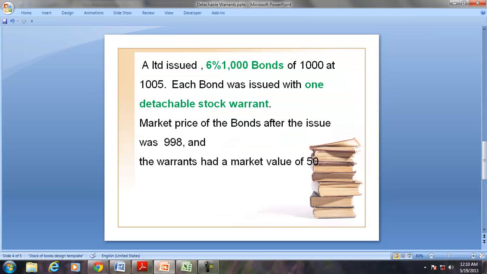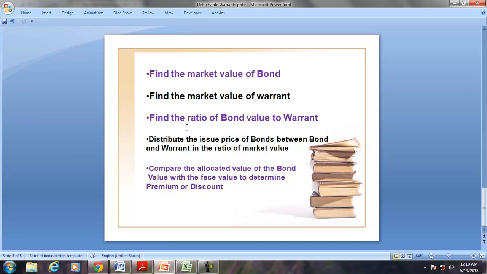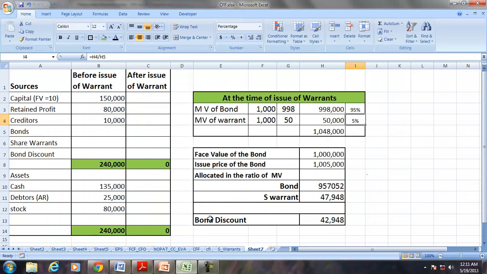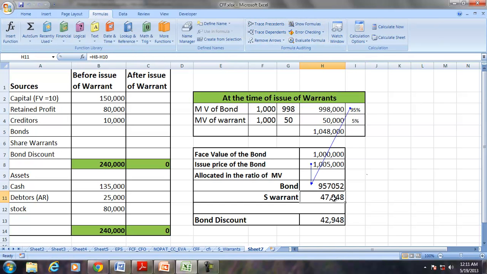So the issue price of the bonds has to be distributed between the bond and the warrant in the ratio of the market value. The issue price of 1.005 million will be distributed between the bond and the share warrant in the ratio of the market value of the bond and the market value of the warrant.